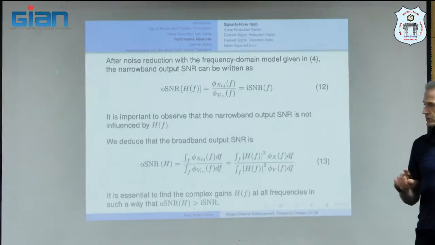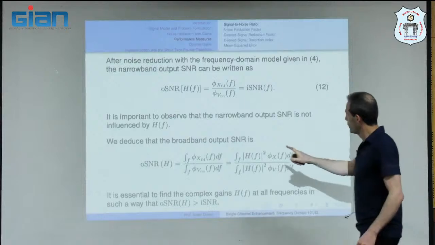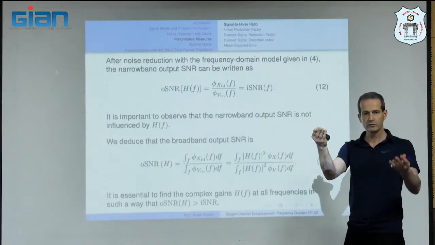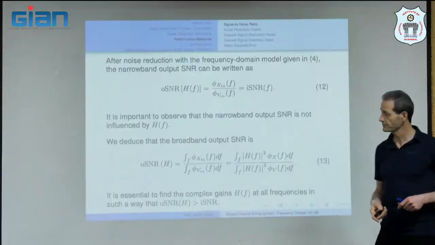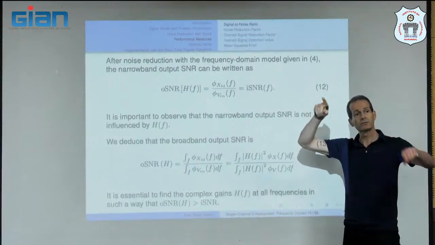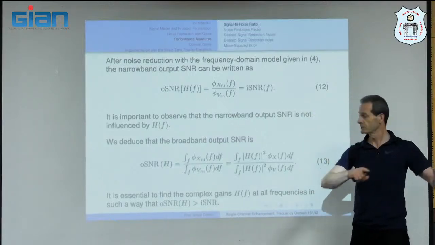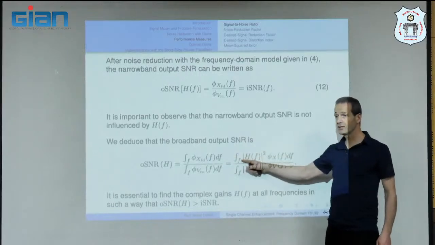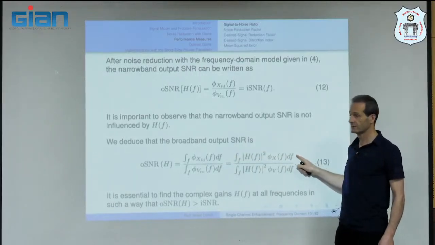So for which frequencies will I choose to make it high? If I increase one value of H, I need to decrease other values. So in order that this integral will be larger, what do I need to do?